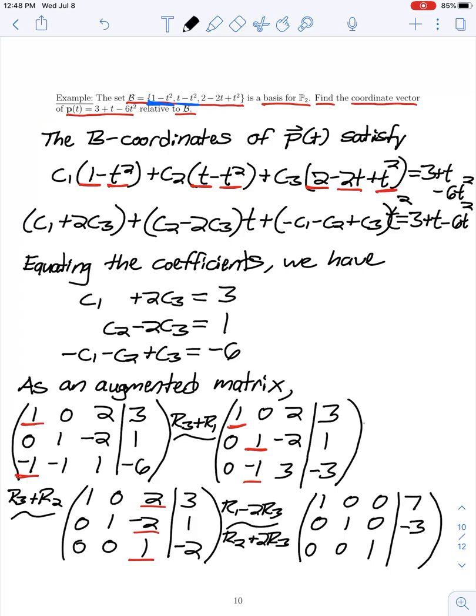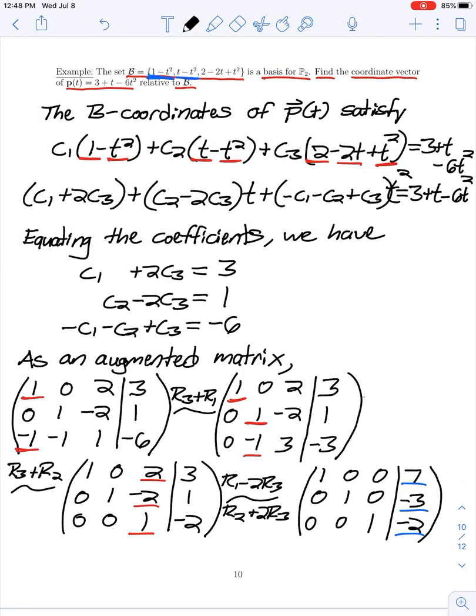And my last row is 0, 0, 1, negative 2. So these values are the coefficients c1, c2, and c3 of our polynomial relative to this basis. So the coordinate vector of p relative to the indicated basis is the vector 7, negative 3, negative 2 in R3. All right.